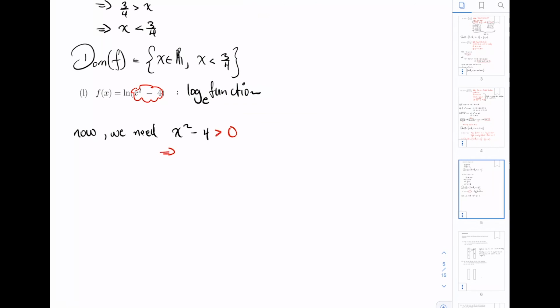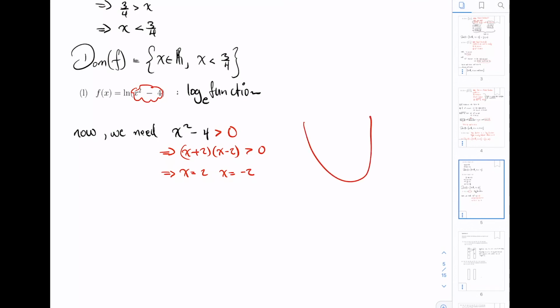So this means now that we have x plus 2 times x minus 2 greater than 0. So if we were all paying attention, this is in the said form that we were talking about before, where we have a quadratic being greater than 0. So therefore, we need to find our two roots here. The roots are x equal 2 and x equal negative 2.